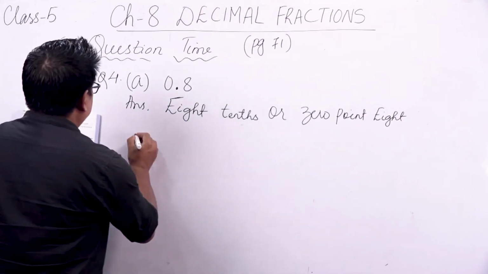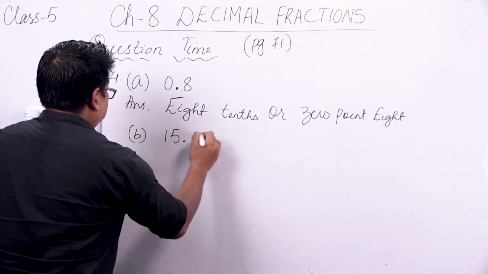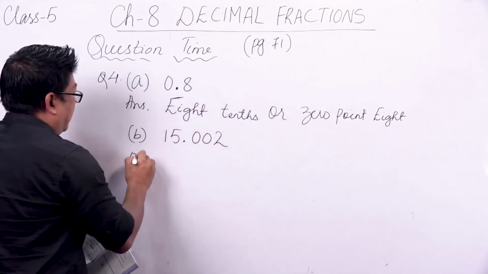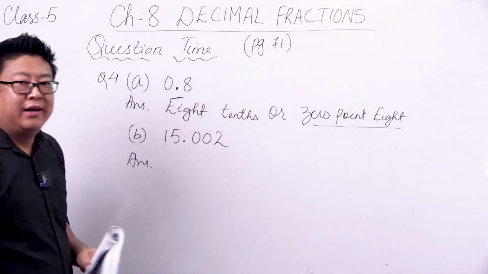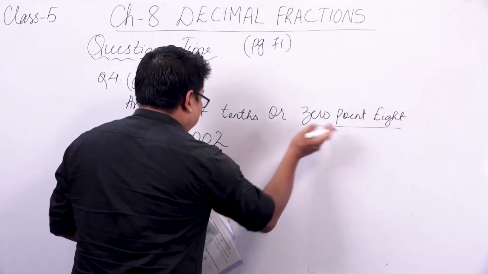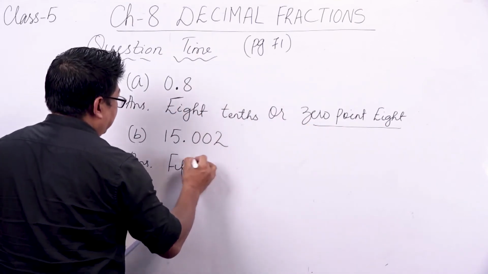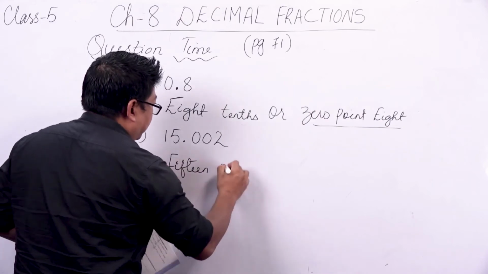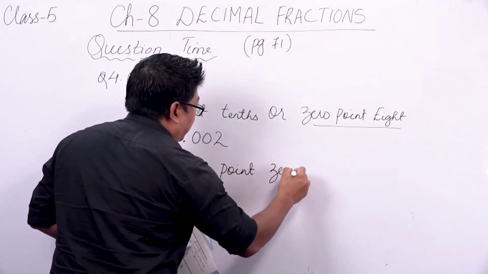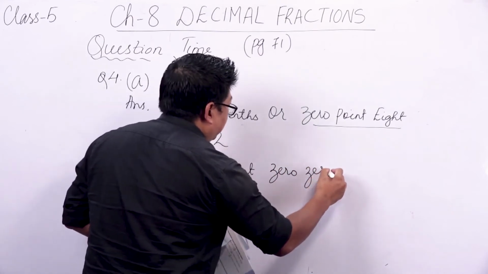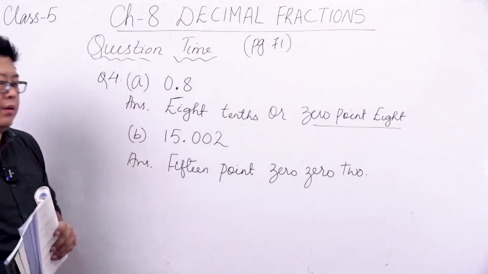Let's look at B, 15.002. Now, I'm sure you're finding this much easier, right? So let's write in this manner. 15, don't forget to write point, 0, 0, 2. All right.